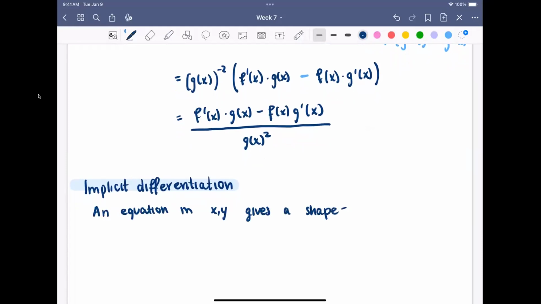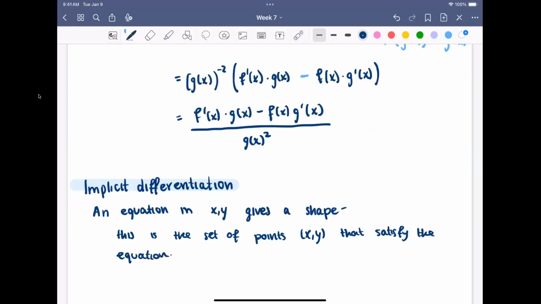And the shape is going to be exactly the set of points in the plane that satisfy the equation. So this is the set of points x comma y that satisfy the equation, meaning when I plug in that x value and that y value, I get a true equation.